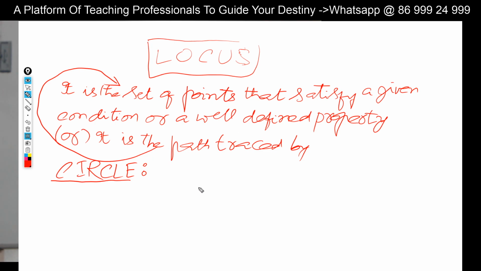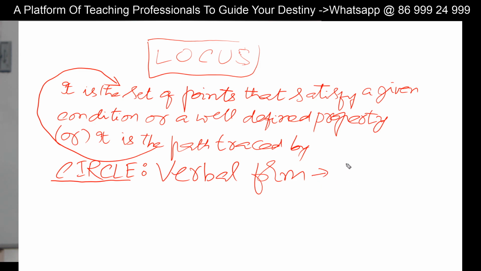So, that is the verbal form, understand that. It is the definition given in plane geometry. What I said in the beginning, it is a combination of plane geometry and algebra.